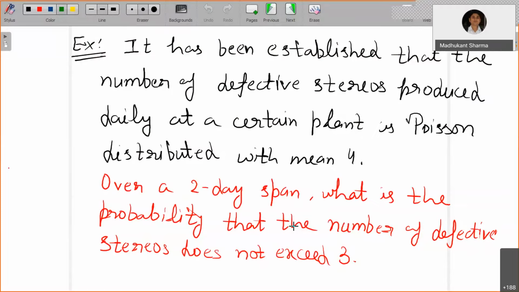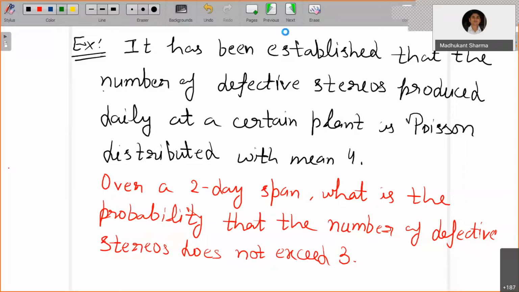Over a 2-day span, what is the probability that the number of defective stereos does not exceed 3? So it is given that per day it follows the Poisson distribution with mean 4, so parameter 4. There are 2 days over a 2-day span.